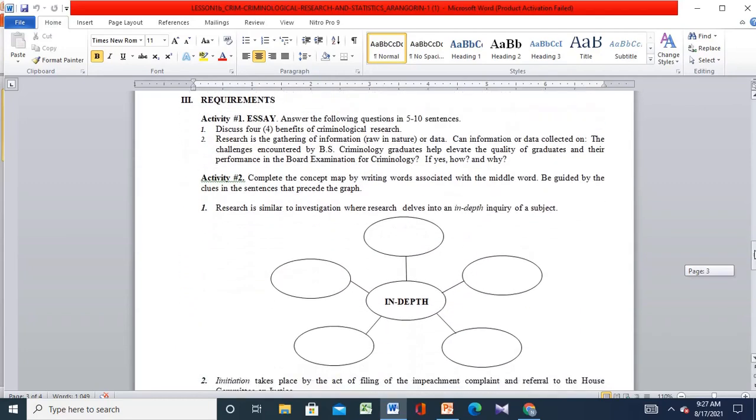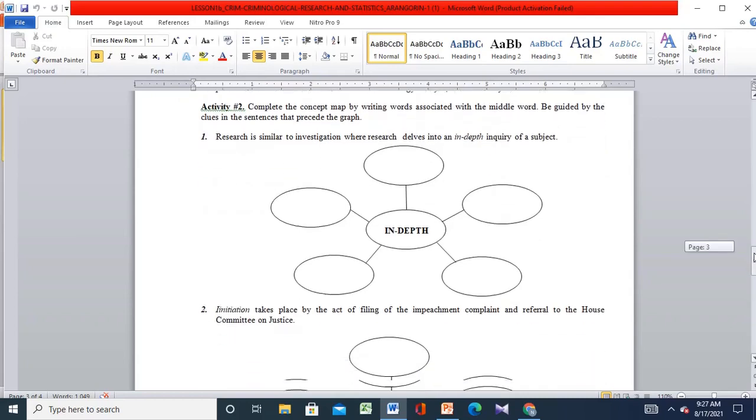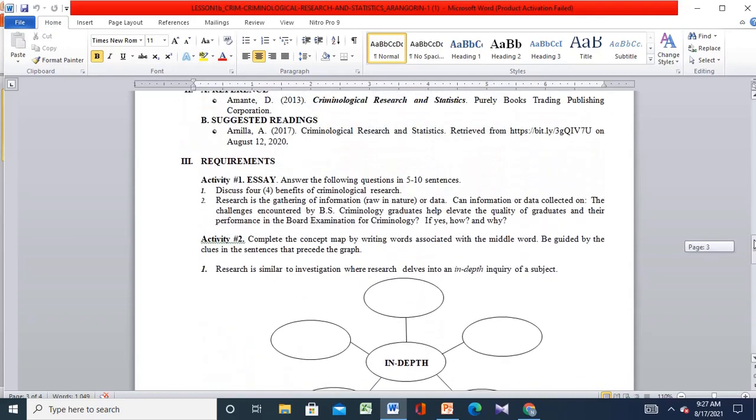So, just check your module, okay, your week 1 module, and you will see your requirements there and answer accordingly, okay? This is actually the module of your Sir Orlando. The activities he gave here are long and good.